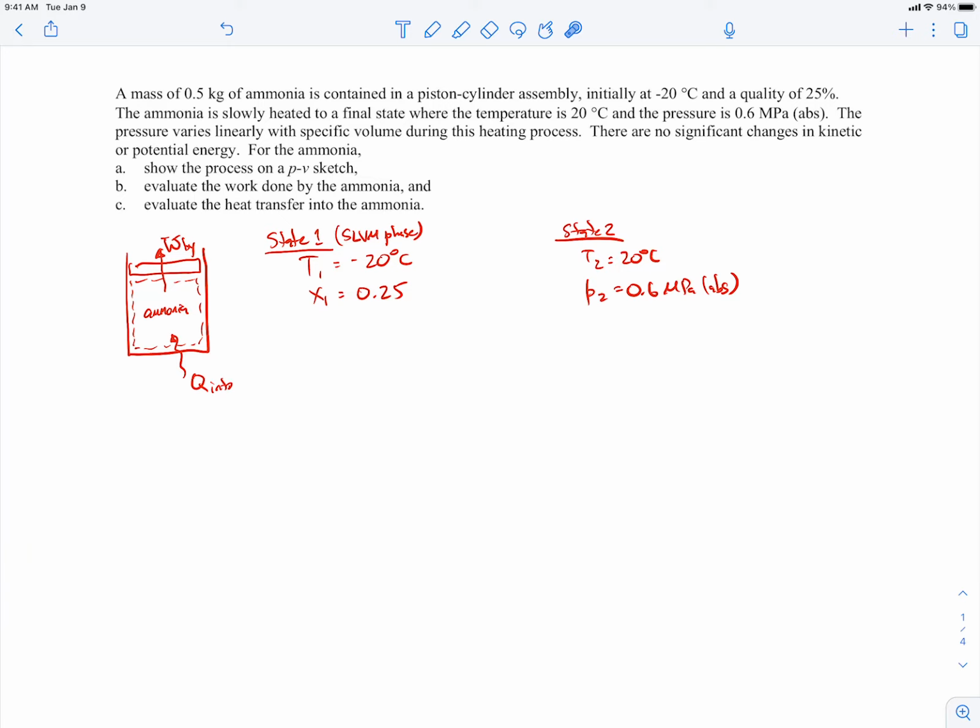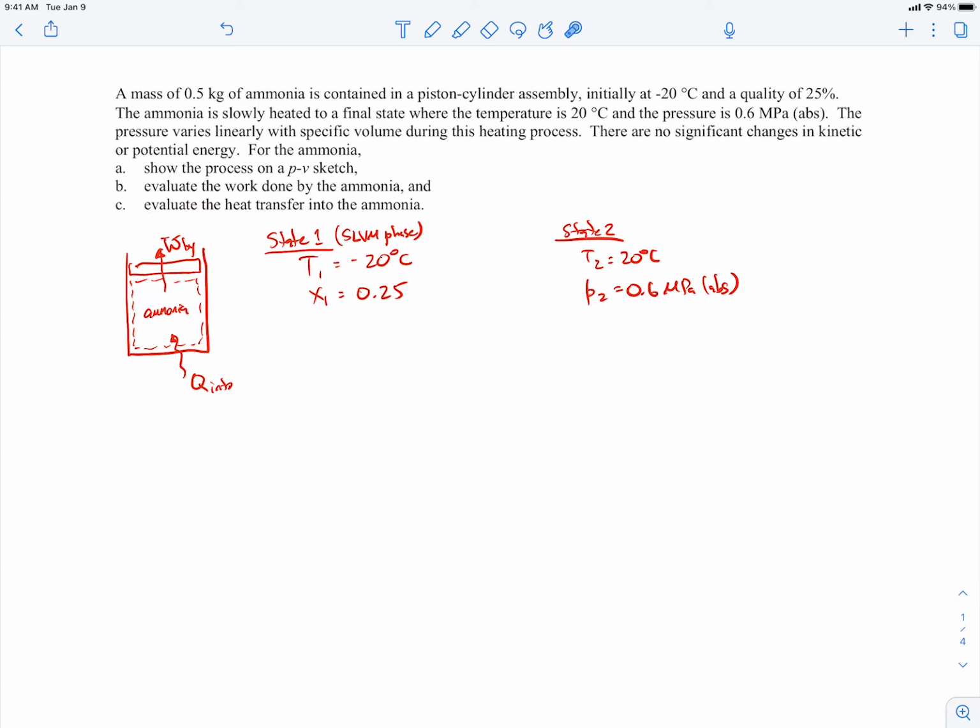So the first thing to do is figure out the properties at state 1. We're given the temperature there, we're given the quality. So let's calculate what the specific volume is and the specific internal energy. The reason I want specific internal energy is because we'll use it in the first law for evaluating part C of the problem.